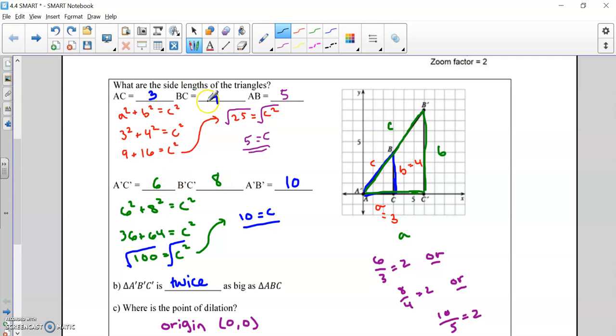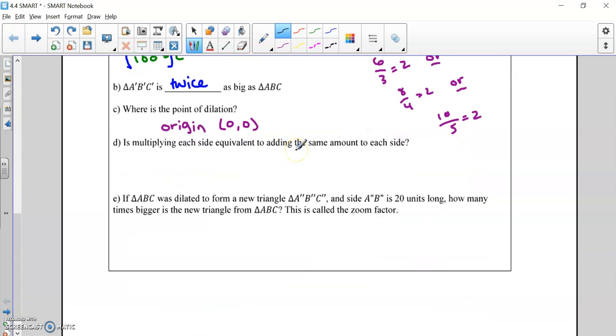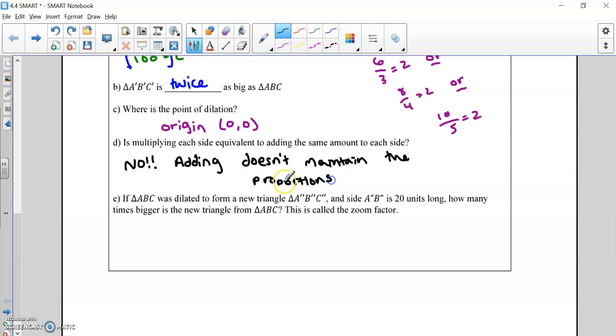We would end up with 5 and 6, and that would not be proportional. Adding does not have the same charm as multiplication. Adding does not maintain the proportions. The picture would be all wonky if we did that. It all works by ratios.